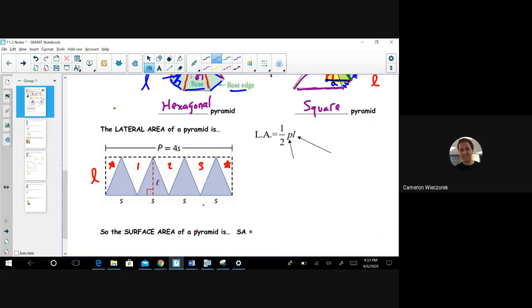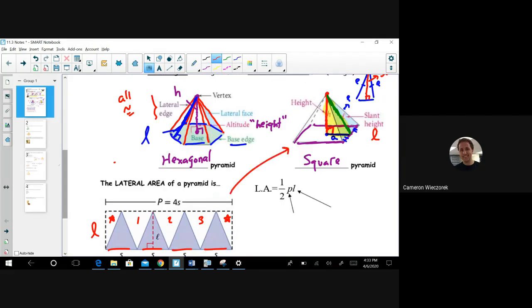Okay? So if I want to just know how much area is inside the purple ones, let's figure out how much area is inside the rectangle first. The base of this rectangle, I'm calling each of these base edges S. So if I add them all up, S plus S plus S plus S, well, I'm using the square pyramid that I had from here.